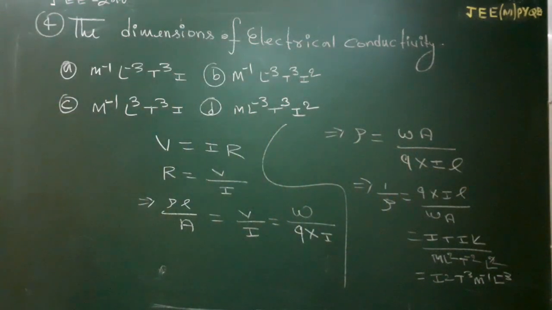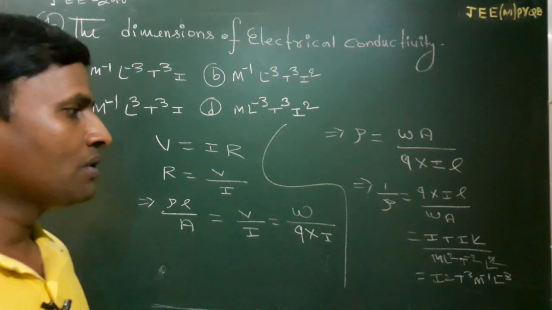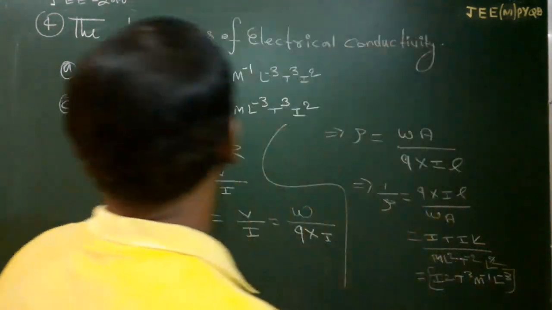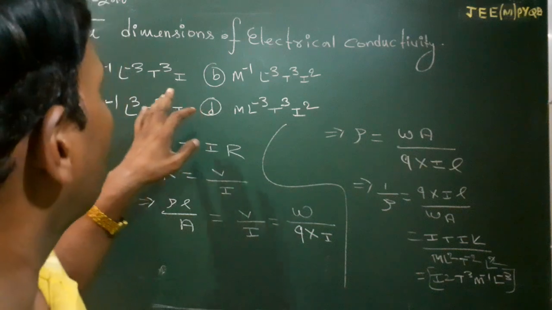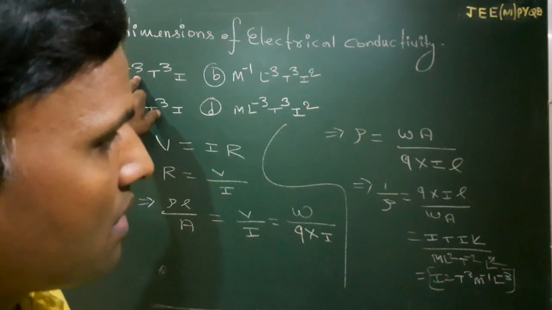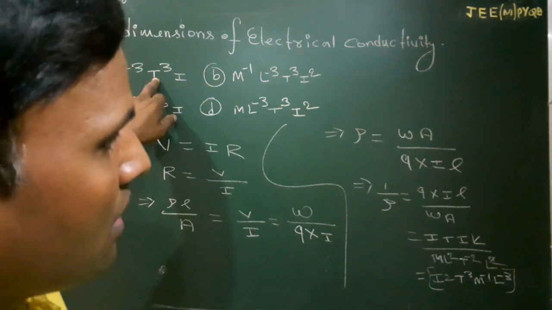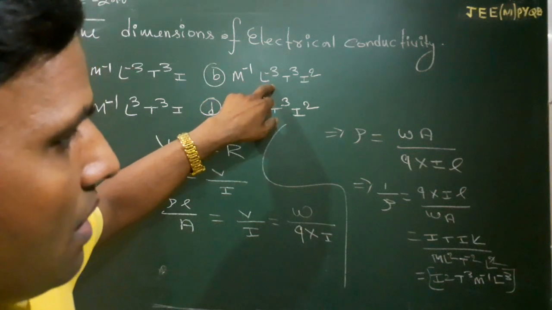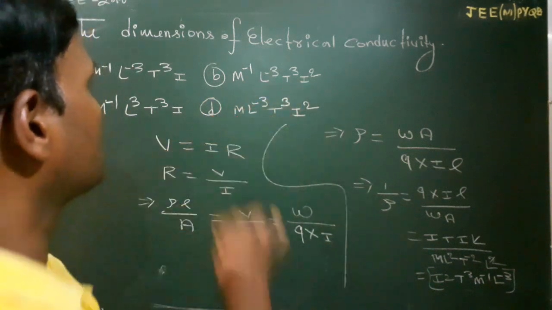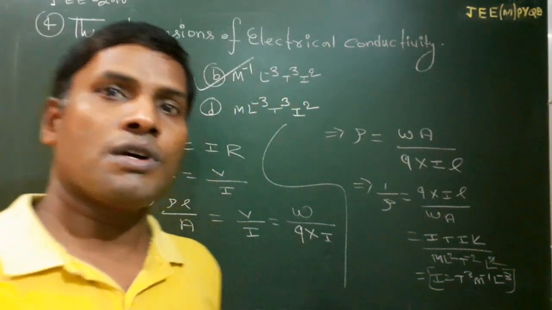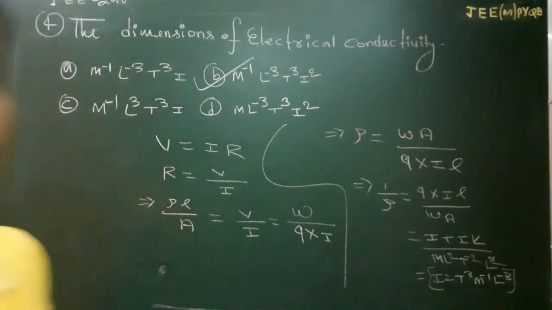So M minus 1, L minus 3, T3, I2. So this one is our dimension. The option is M minus 1, L minus 3, T3, I2, that's correct. The correct answer is B. This question was based on a direct formula. Now next.